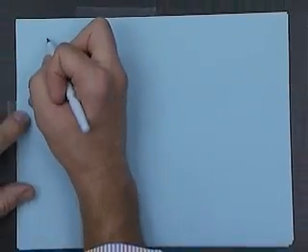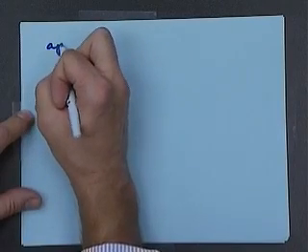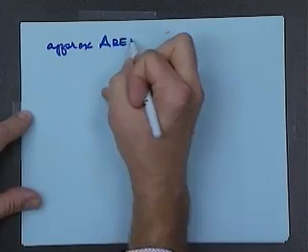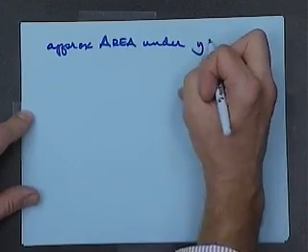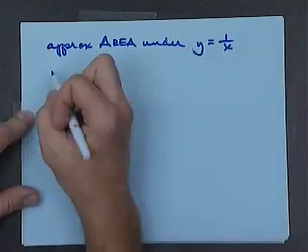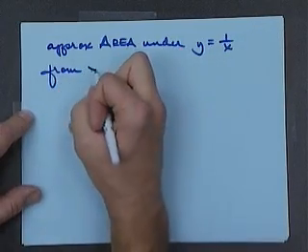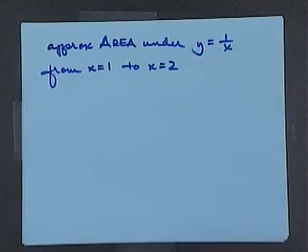So let's do two problems. One where we want to approximate the area under this function from x equals 1 to x equals 2.